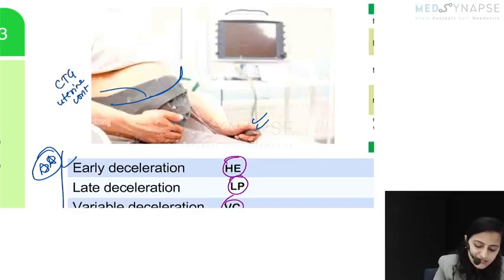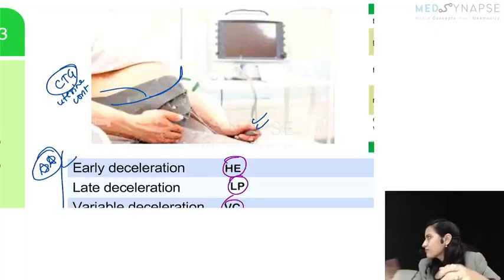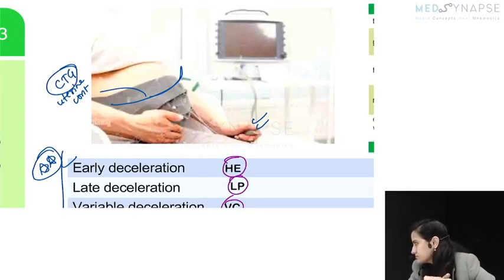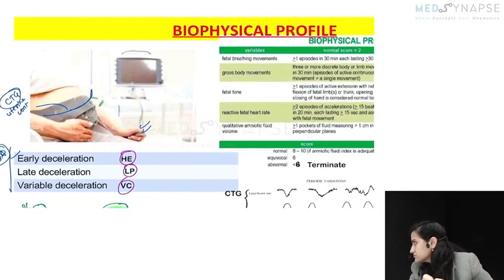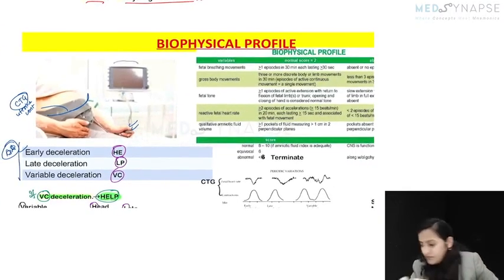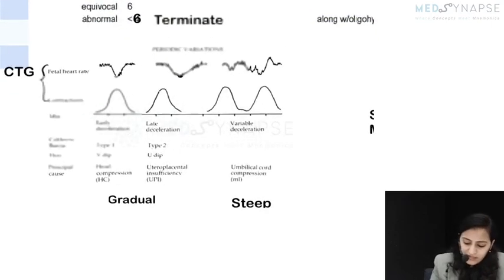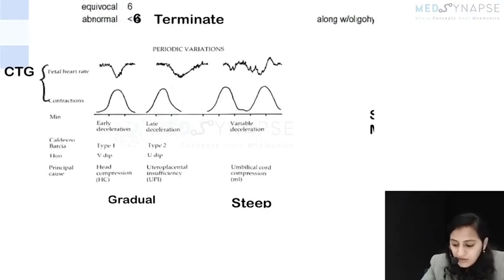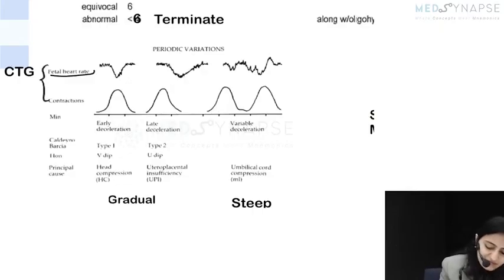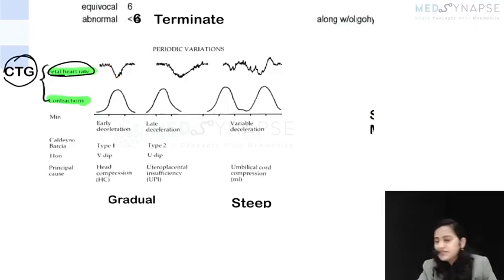Contraction is CTG. This graph is CTG or NST? You are seeing the fetal heart rate being demonstrated and you are seeing the contractions also being there. So this is going to be CTG. CTG will have both.